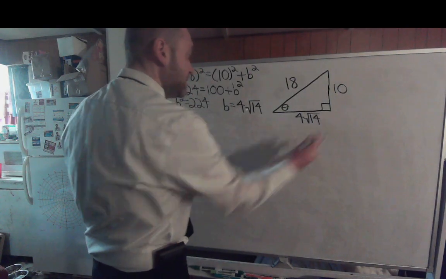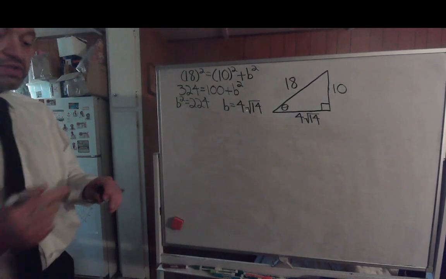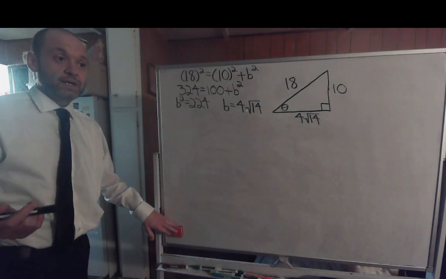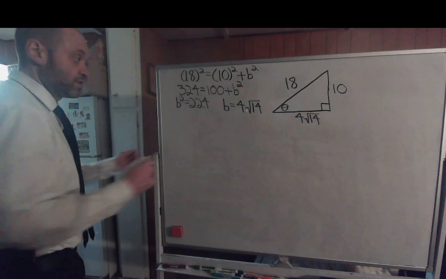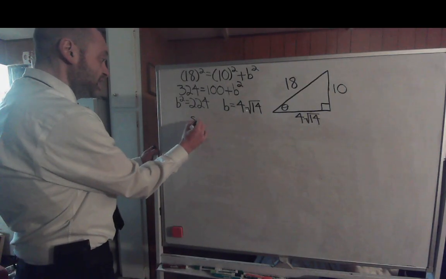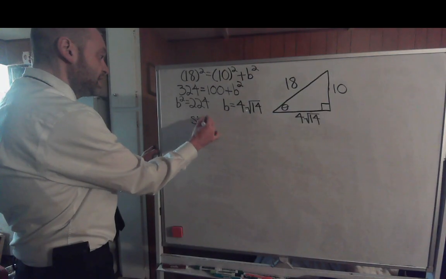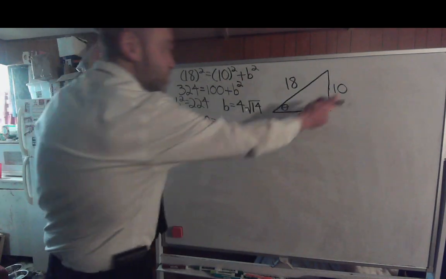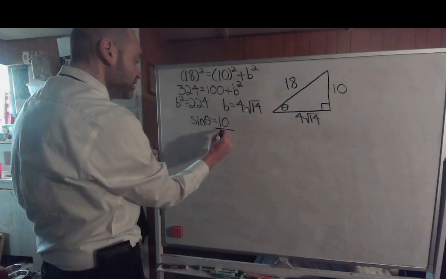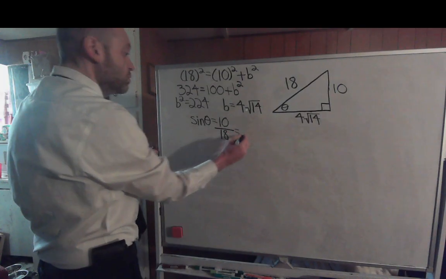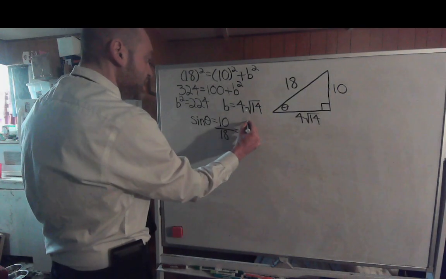Alright, so now we know all the sides, we can go ahead and find the values of the 6 trigonometric functions. So take the sine of theta, let's find that. That always equals your opposite side, which in this case is 10 over the hypotenuse, 18, which reduced should give you 5/9.